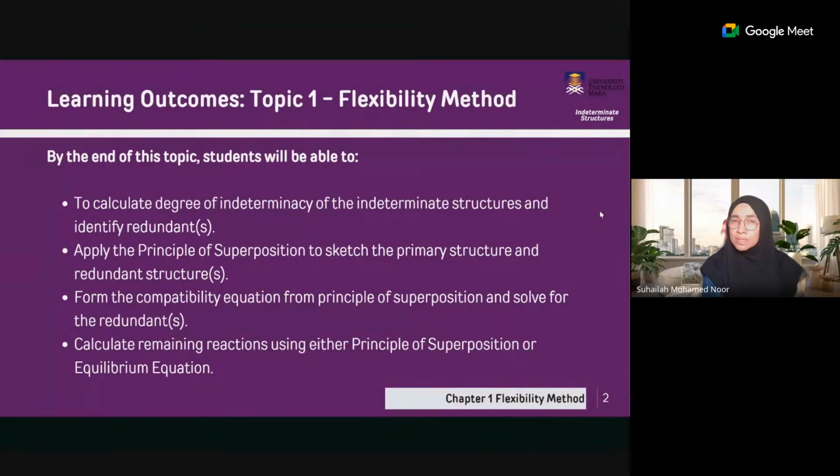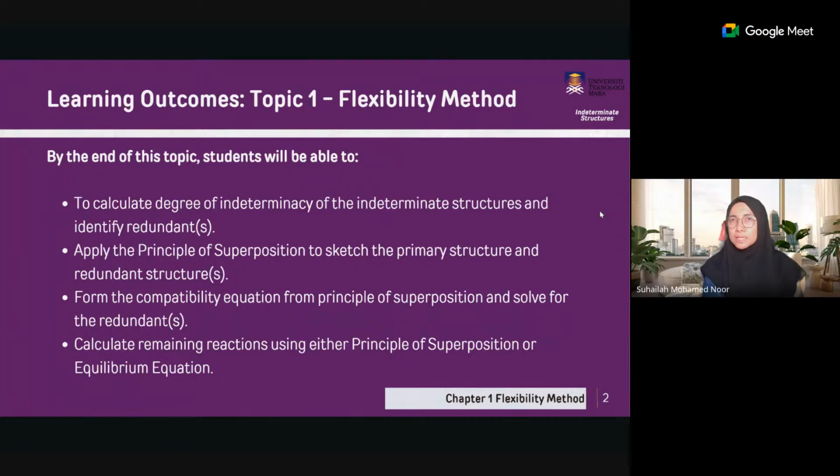So we cannot simply remove anyone, because we have to make sure that after we remove the redundant, it is still maintaining the stability of the structure. It must be stable, and it must be determinate after we remove redundant. Okay, so we identify redundant, and the redundant that we identify, we will remove from the system.